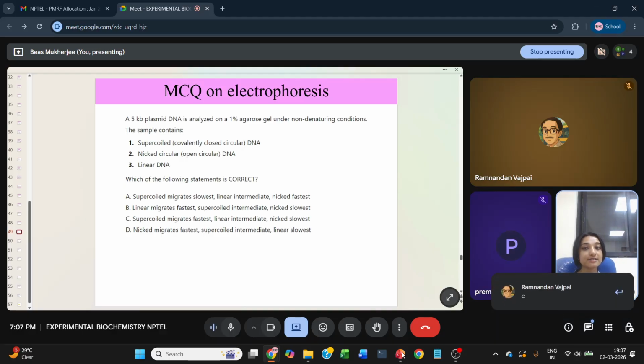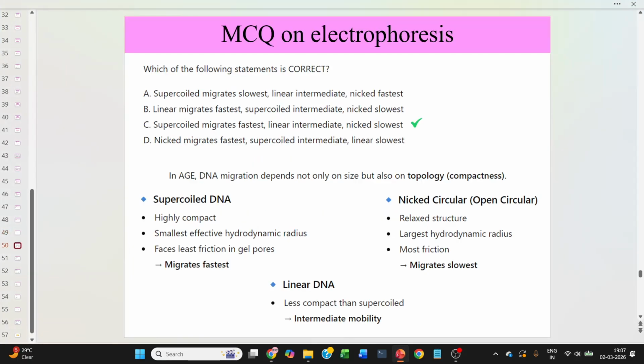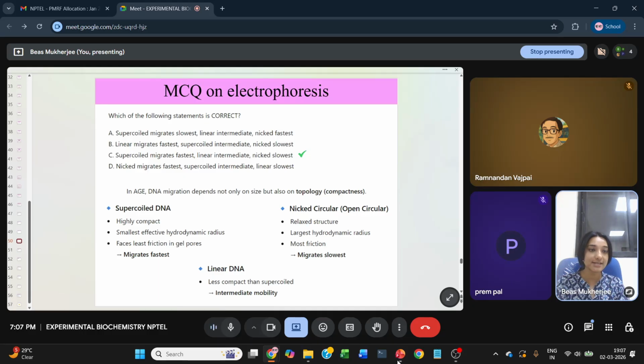Supercoiled migrates slowest. Okay. So you are saying that it is C. Right. Yes. So yes, very good. It is C. C is the right answer. Because remember, supercoiled, nicked circular supercoil always travels the fastest. Then will be your linear DNA. So in linear DNA, both the strands are nicked.